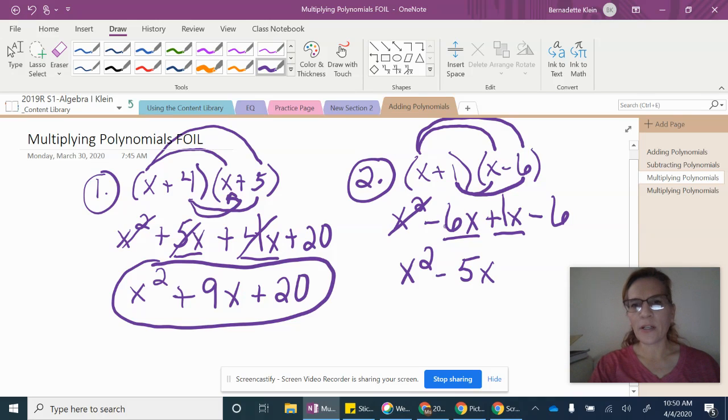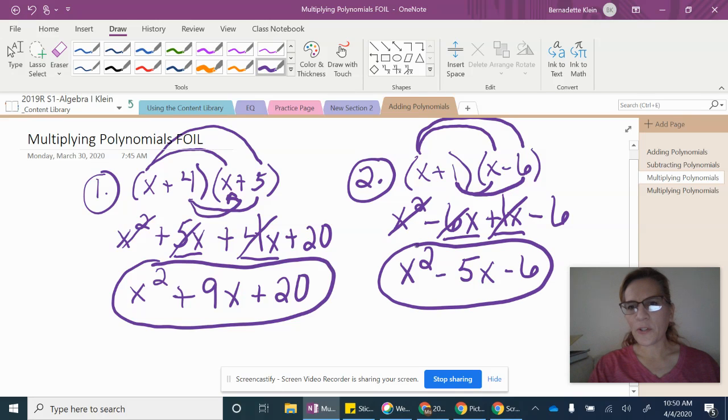Okay, we've already done the first 3 terms. Those can go away. And now you have left over your minus 6. That is the simplest form. Again, we're not solving for x. We're just using the FOIL method to distribute all of the terms together and then simplify.